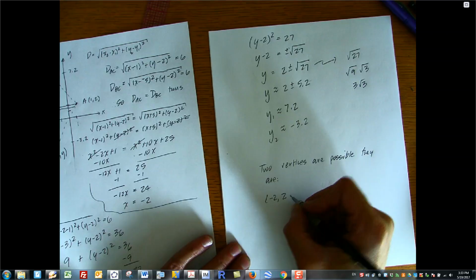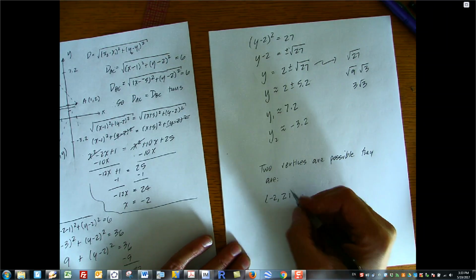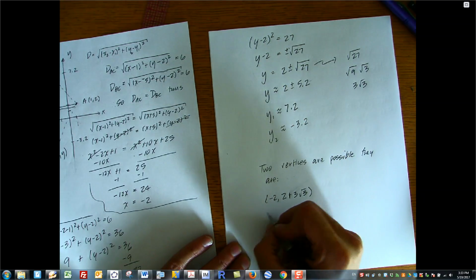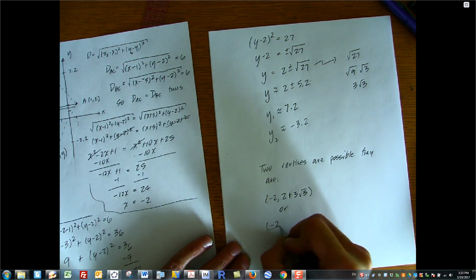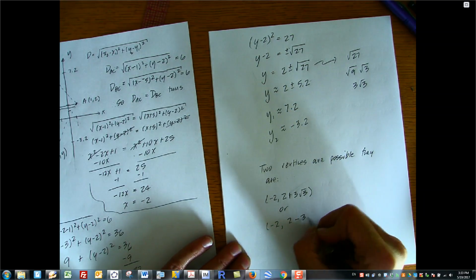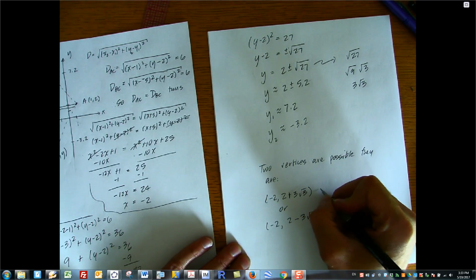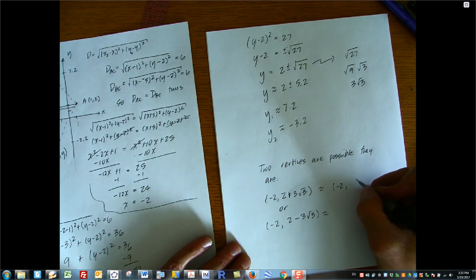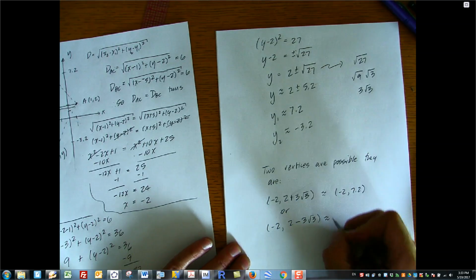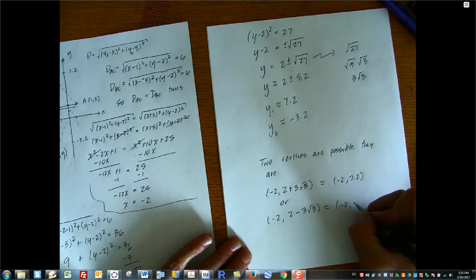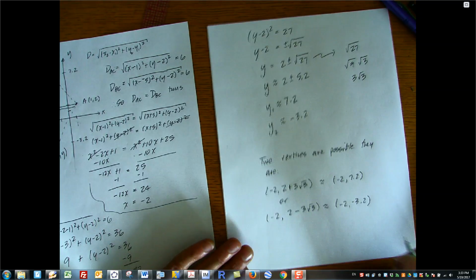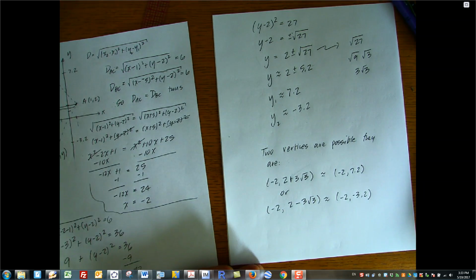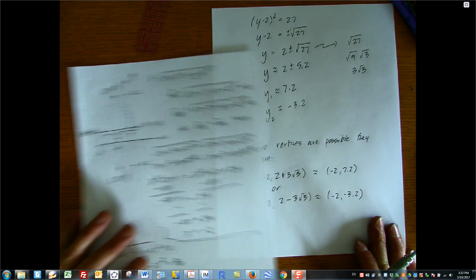So 2 plus 3 root 3, or negative 2 comma 2 minus 3 root 3. In approximate notation, this is about negative 2 comma 7.2, and this one's negative 2 comma negative 3.2. So those are the two vertices that are possible in this setting, which is, of course, an analytic geometry setting.